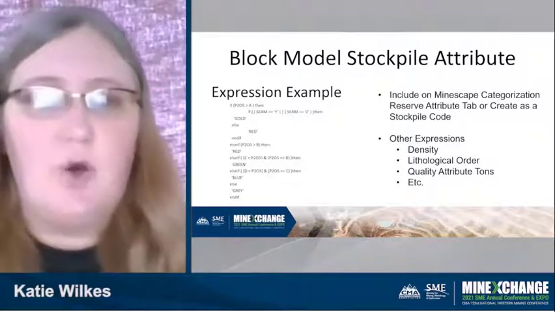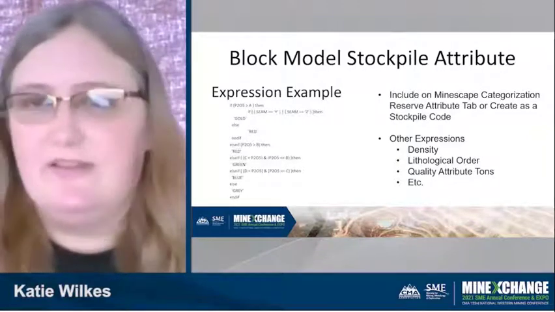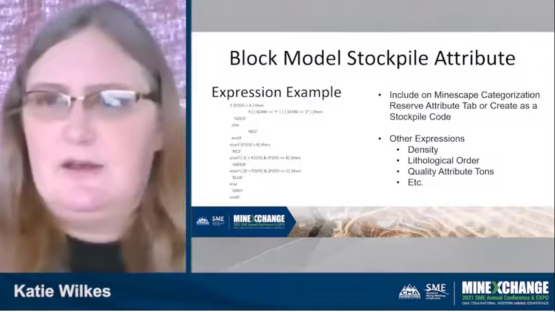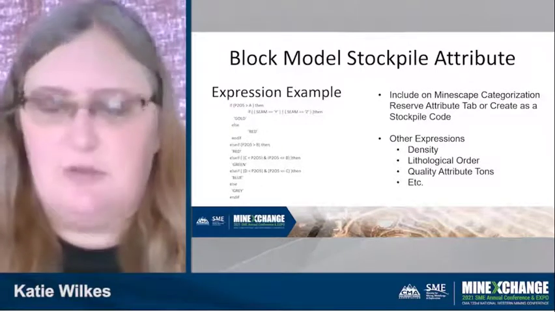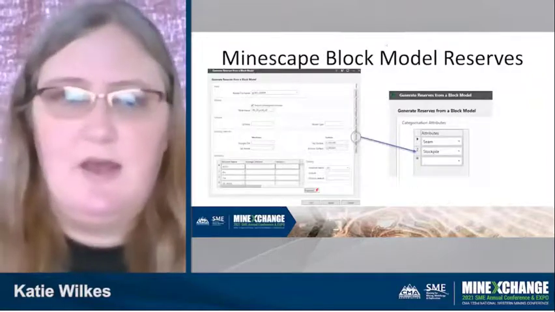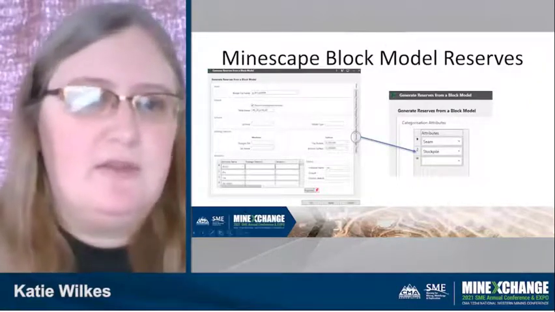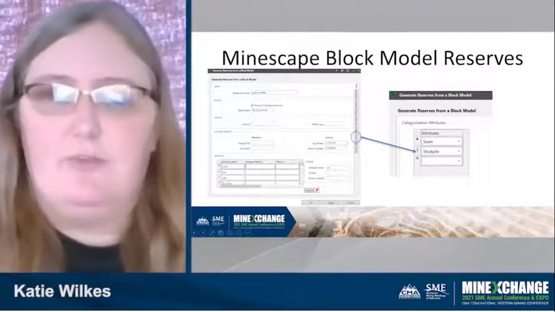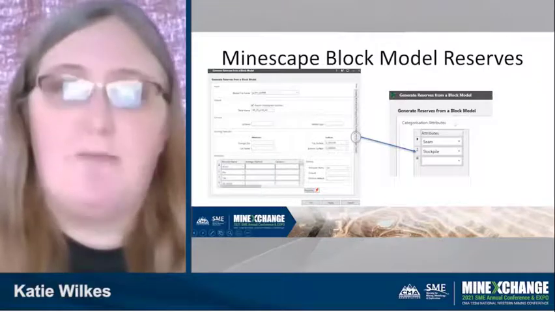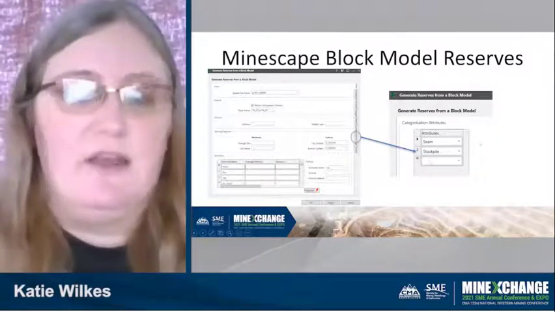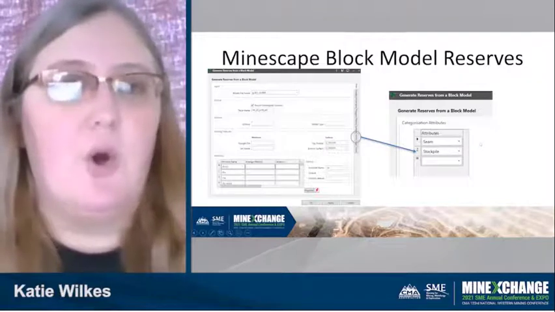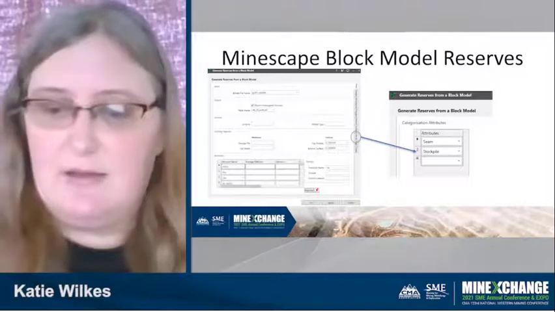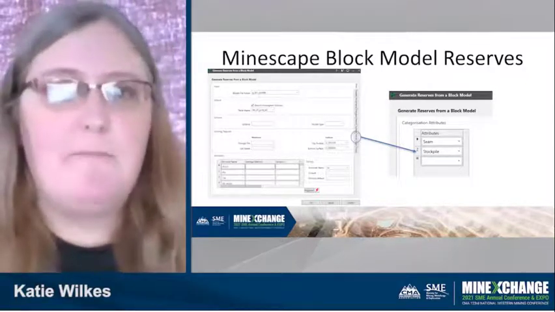You could create a code for them too, like 1, 2, 3, 4, 5, etc., instead of using an alphanumeric thing, because when you run the categorization reserves in MineScape, you can then include the code in this attribute with your other attributes, rather than having to put it in the attribute tab, such as with the seam and the stockpile, like what I have done, where it's a word instead of a code. And that's just kind of a side note I had as we're wrapping this up.